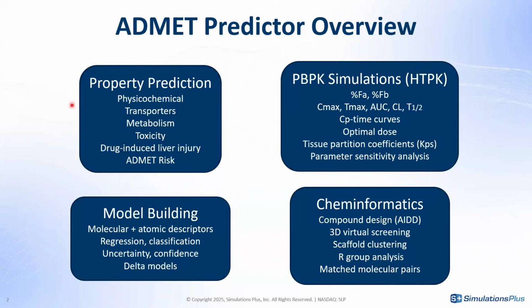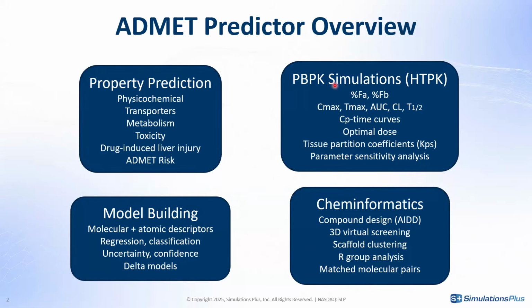So there's PhysChem, transporters, metabolism, toxicity. In the last commercial release, we introduced the DILISIM module, which focuses on drug-induced liver injury. And then there are several user customizable risk scores across several ADMET categories.